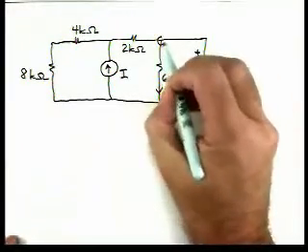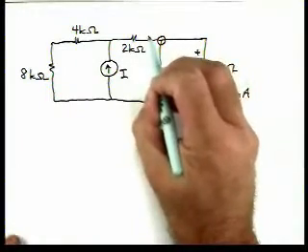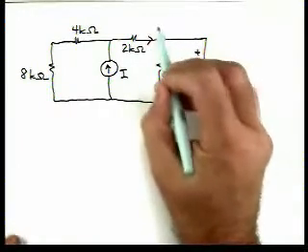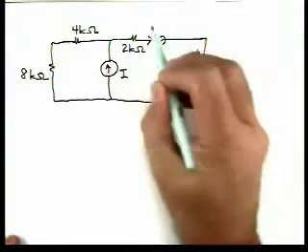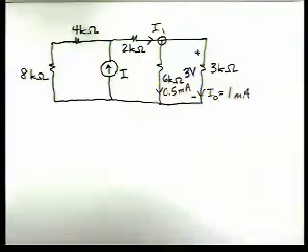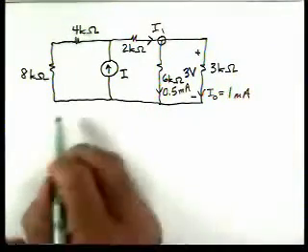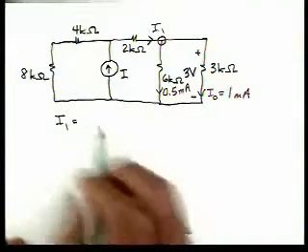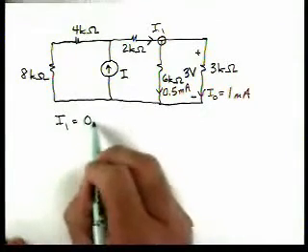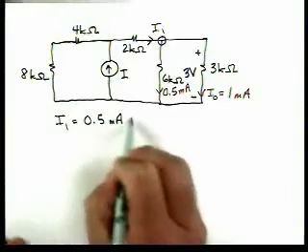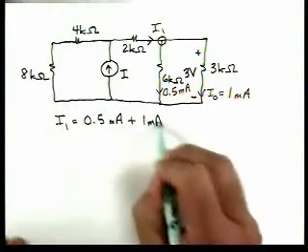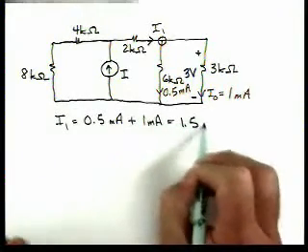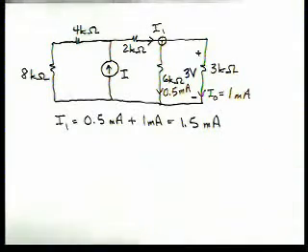Now we can use Kirchhoff's current law. We can find this current. Let's call it I1. So by Kirchhoff's current law, I1 then is equal to 0.5 milliamps plus 1 milliamp, or 1.5 milliamps.